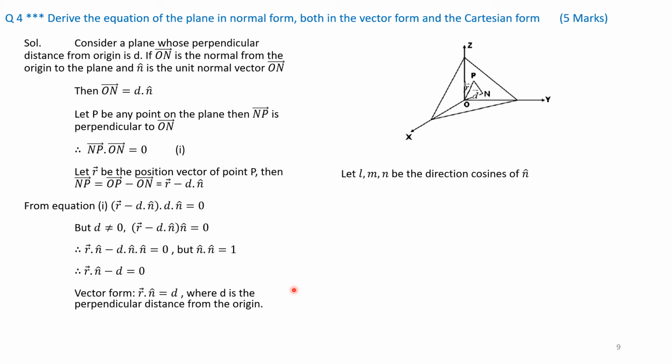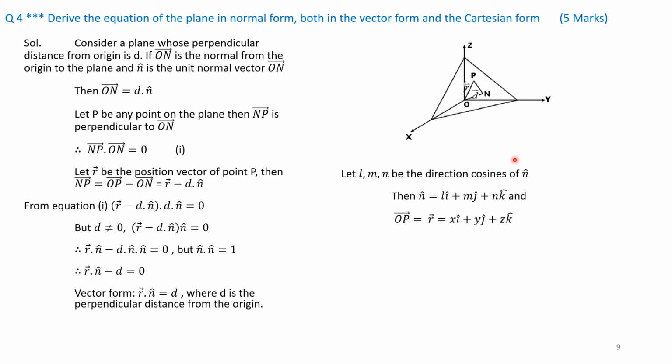Now we will derive this equation in terms of Cartesian form. Let l, m, n be direction cosines of unit vector n cap. Then n cap is equal to li plus mj plus nk, because it has three components along all the three axes.